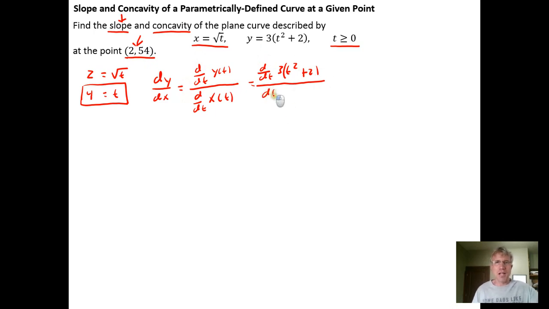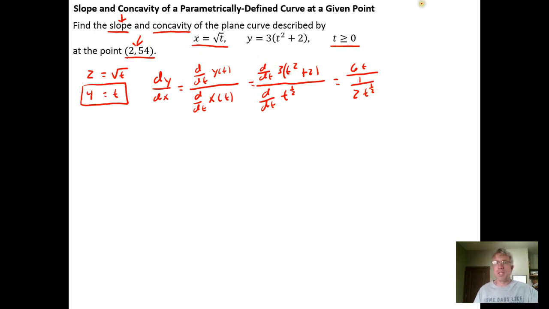And the denominator is going to be d/dt of the square root of t, which is the same as t to the half power. So the derivative of the numerator with respect to t is going to be 6t. And the derivative of the denominator with respect to t is going to be 1 over 2 times t to the 1/2.